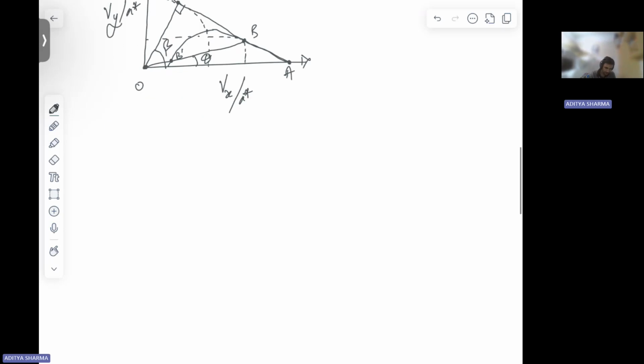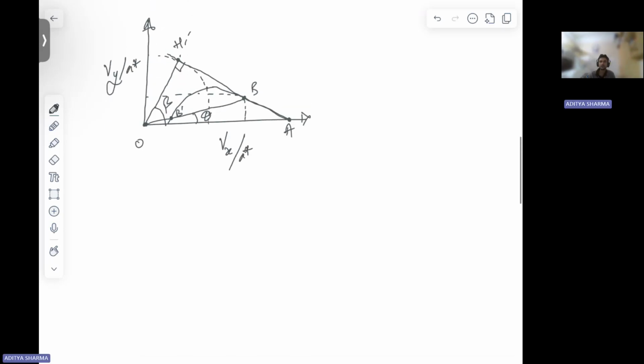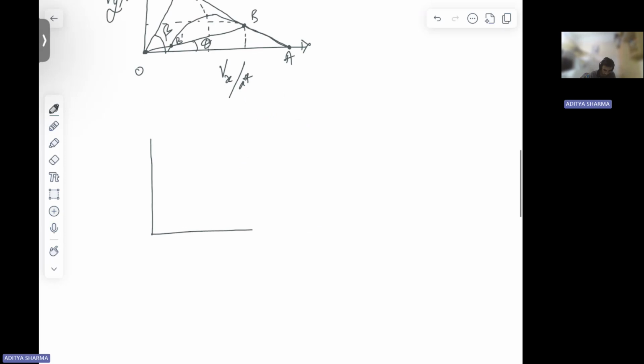Then how your shock polar behaves with Mach number. The behavior of your shock polar with Mach number looks like this.